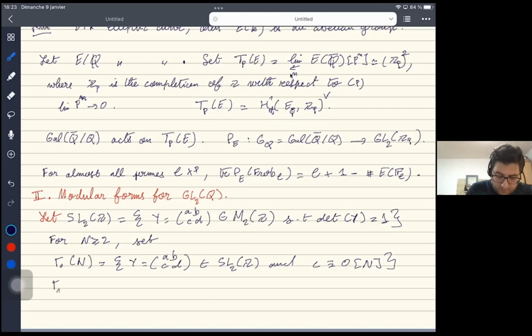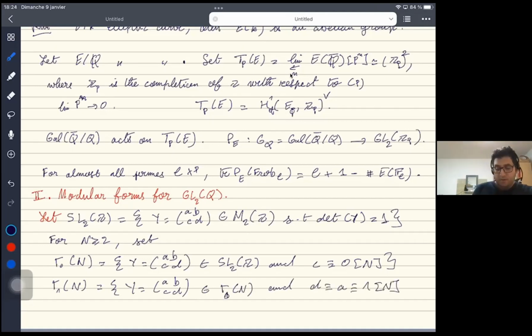And gamma_1(n), which is also a subgroup of gamma_0(n), consists of the (A, B, C, D) in gamma_0(n) such that D is congruent to A is congruent to 1 mod n. So matrices which are unipotent modulo n, and they all have finite index in SL2(Z).